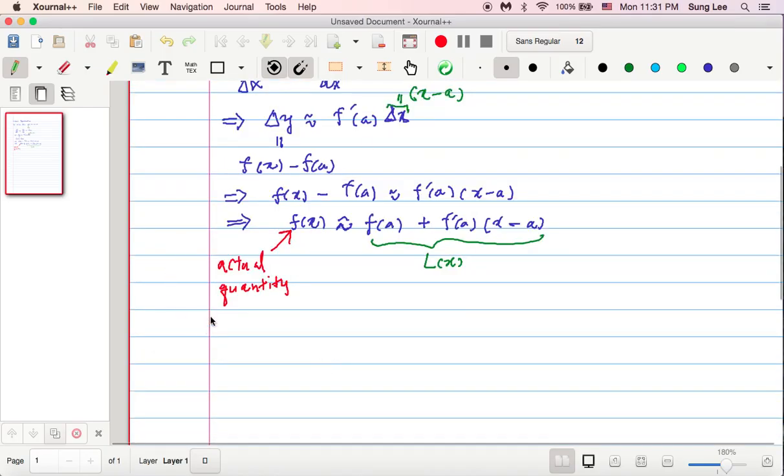Normally, this actual quantity is difficult to calculate. What I mean by difficult to calculate is by hand.